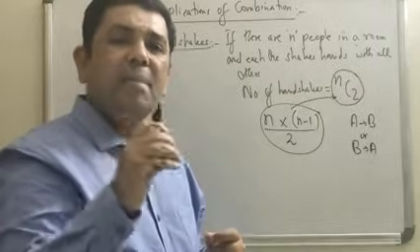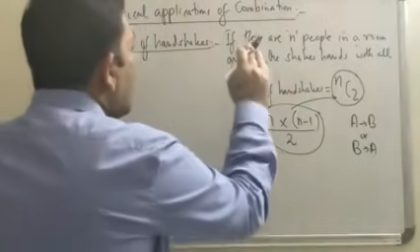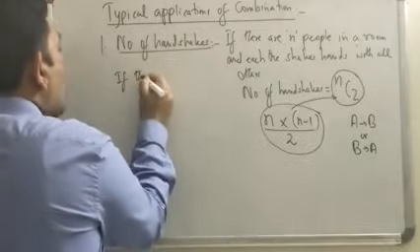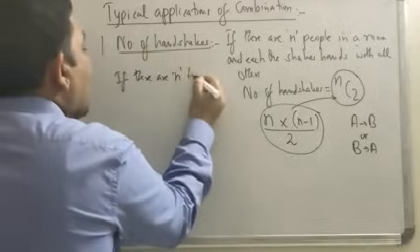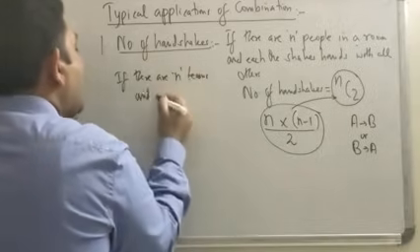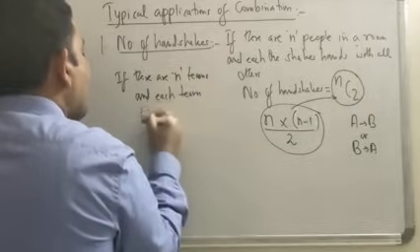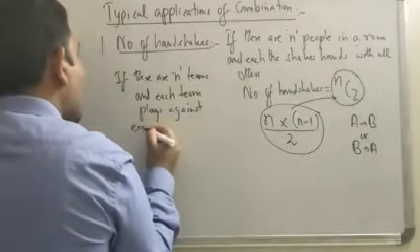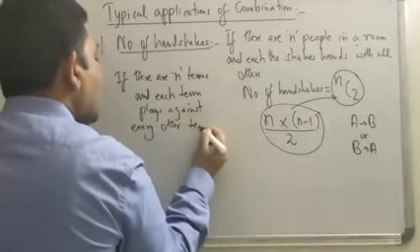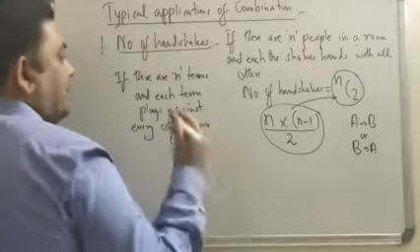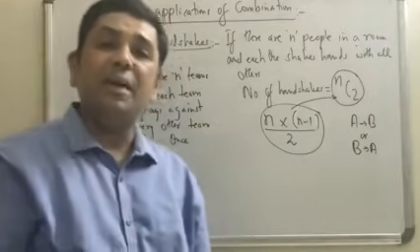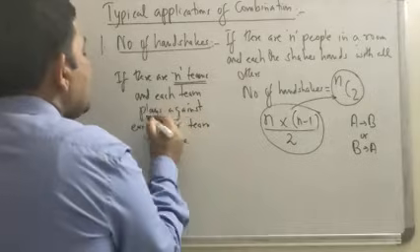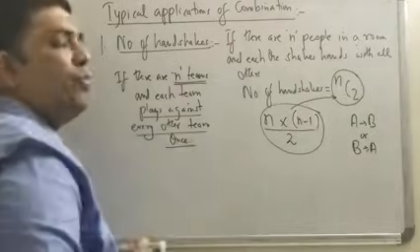Alright. Now let me tell you here, the same concept will be applicable if there are n teams in a tournament and each team plays against every other team once.